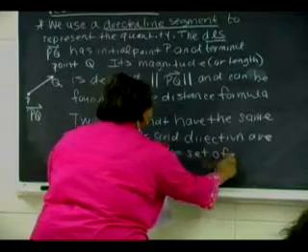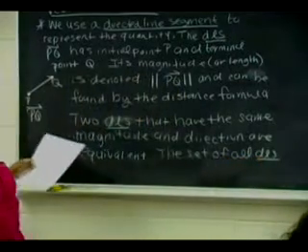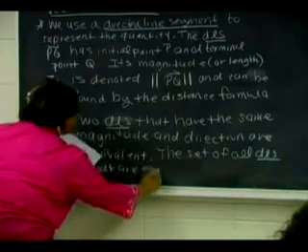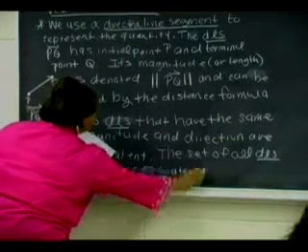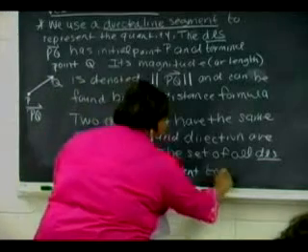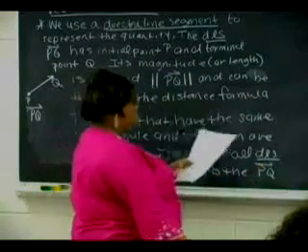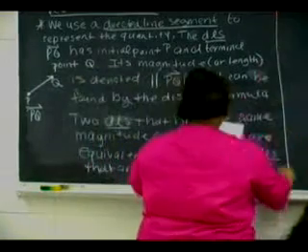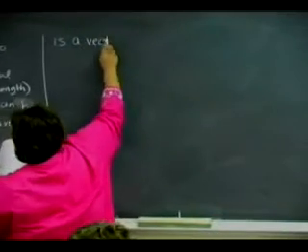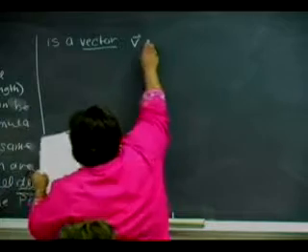The set of all directed line segments that are equivalent to the line segment PQ is a vector V in the plane.